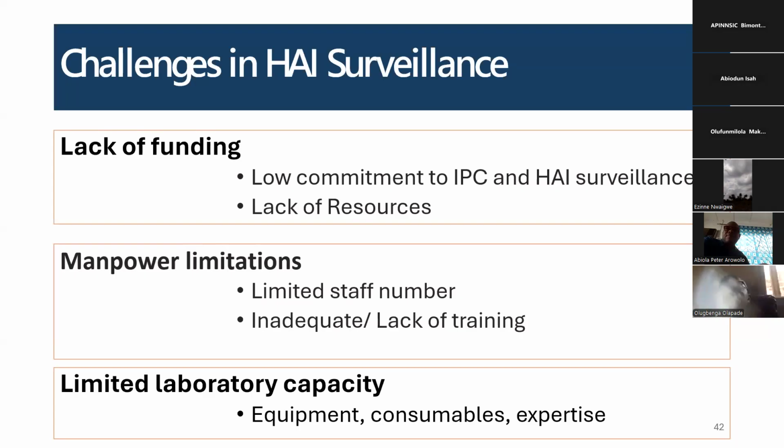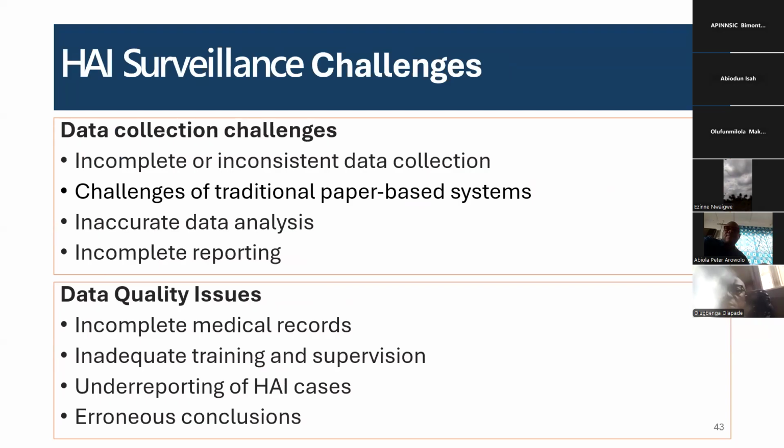Challenges of data collection is what is really seriously hampering many HAI surveillance because of inconsistent or incomplete data collection. You are able to collect this week, and next week there's no ability, or next month there's no data collection, or you have papers today, there's no paper tomorrow, no ink to print, or analysis, you collect the data, but you're not able to analyze, or there's nobody analyzing the data.